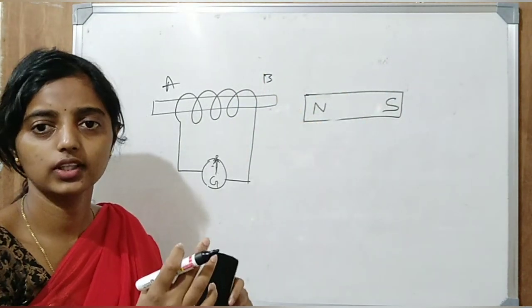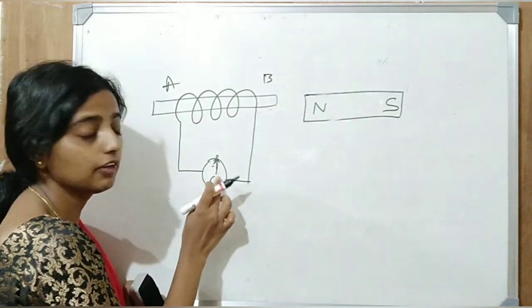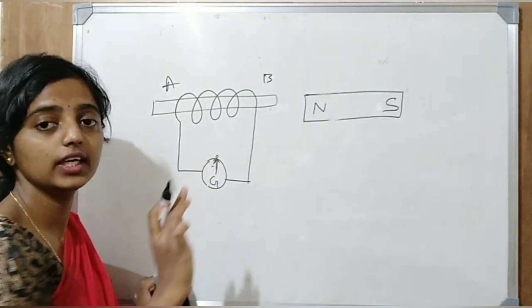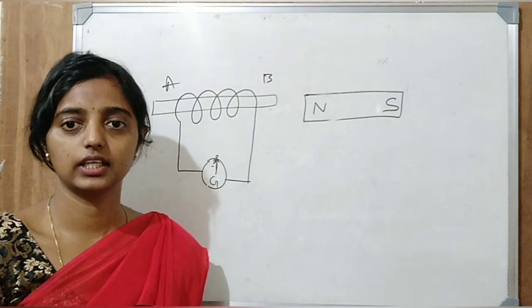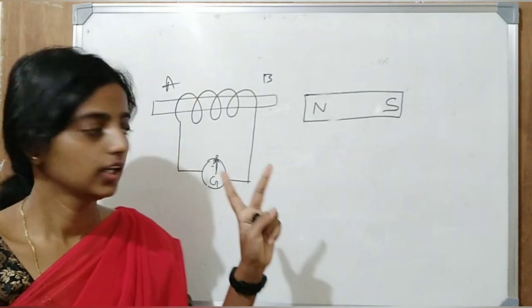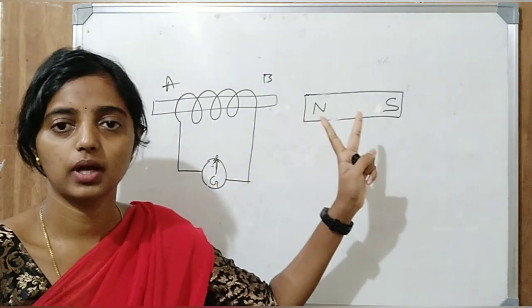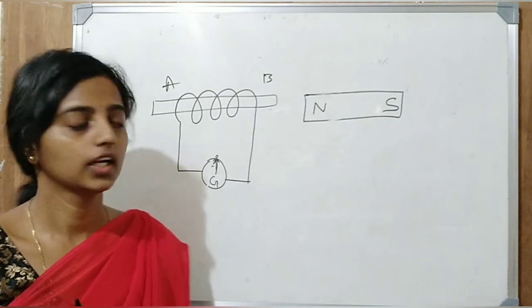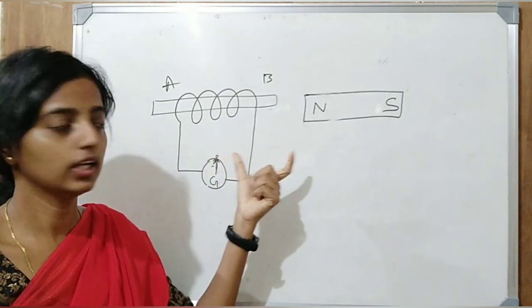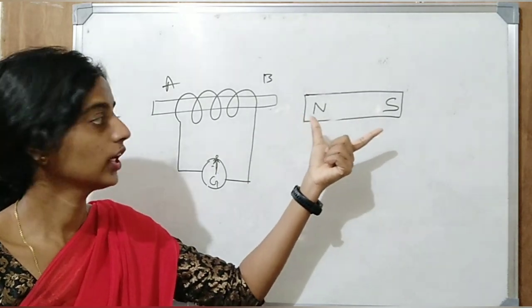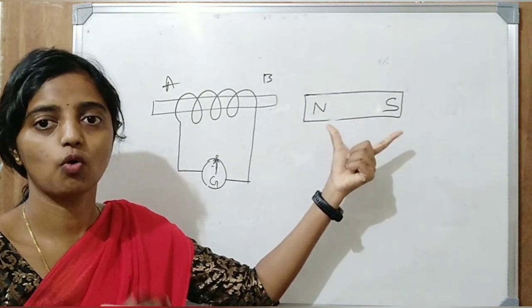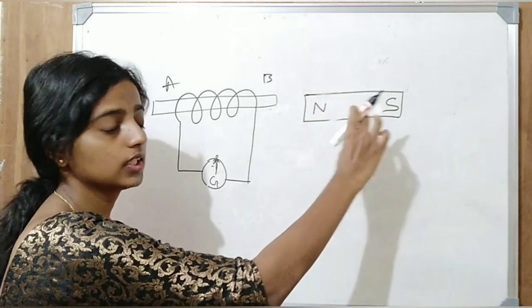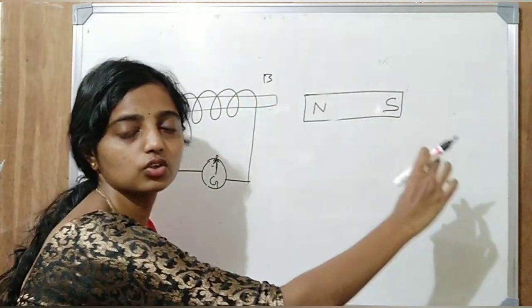While he was doing that, he observed that a deflection was showing in the galvanometer. So first, he took the coil and kept a magnet near it: no deflection. In the second step, he kept the same coil and took the magnet, not in a fixed position, but started to move it towards and away from the coil.